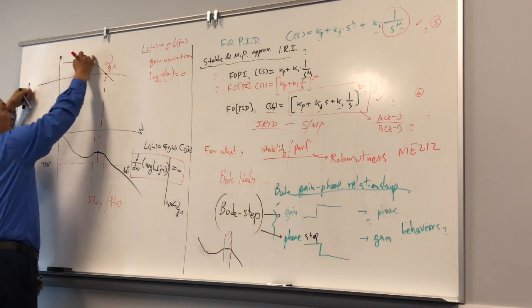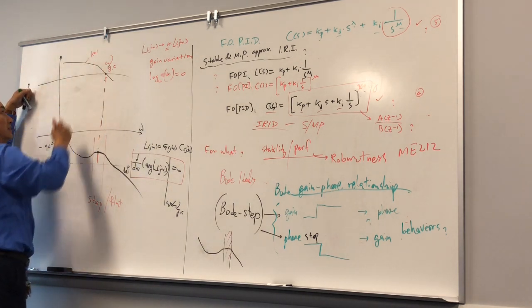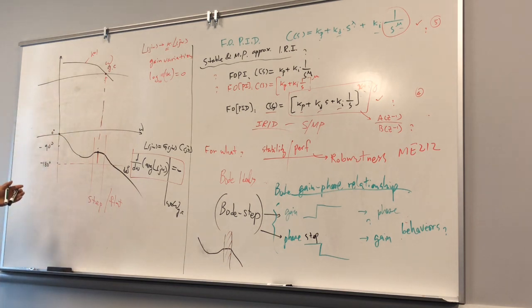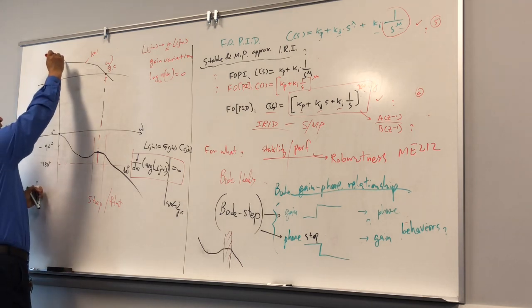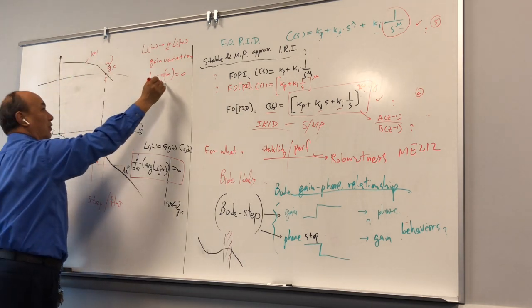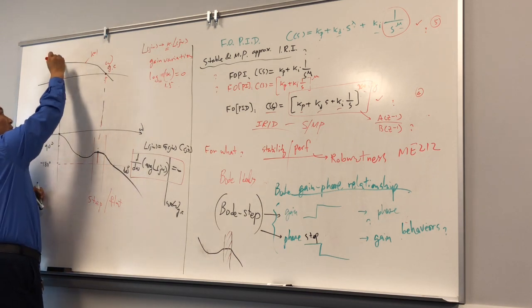So K is 1. You didn't do anything. This is nominal. But what if you have a K like 50% more, 1.5? Then what are you going to do? You shift by log 1.5, right? So you shift this one.